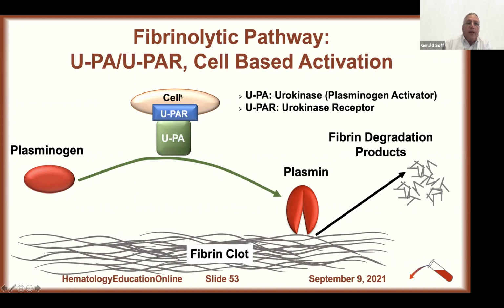So this is an alternative mechanism of forming plasmin separate from a fibrin clot. So here, plasminogen does not have to be anchored to fibrin, but it can still become activated, forming plasmin, and the plasmin then has the ability to bind to a fibrin clot and lyse it. So there are two alternative pathways for fibrinolysis to be generated.